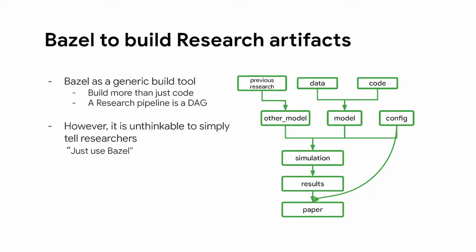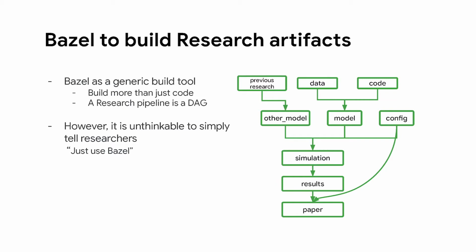As many of us know, Bazel is a great tool to build software. Well, it turned out it can build more than just software. It can build pretty much anything that you can represent as a directed acyclic graph. And when you look at a research pipeline, it's actually a very good example of such a directed acyclic graph.